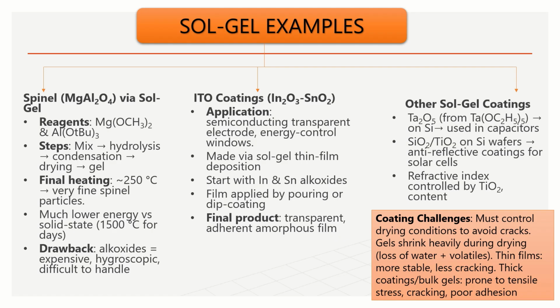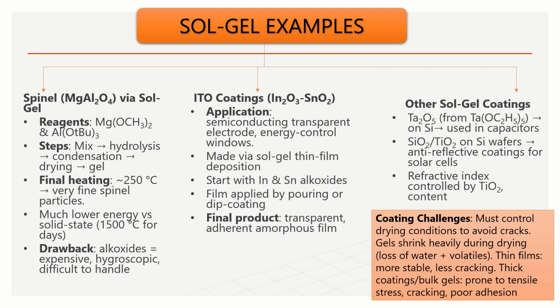After drying and heating, we get a thin, clear, perfectly adherent ITO coating. The other important coatings made by sol gel are Ta2O5 from Ta(OEt)5 used in capacitors, and SiO2-TiO2 coating used as anti-reflective films on solar cells.